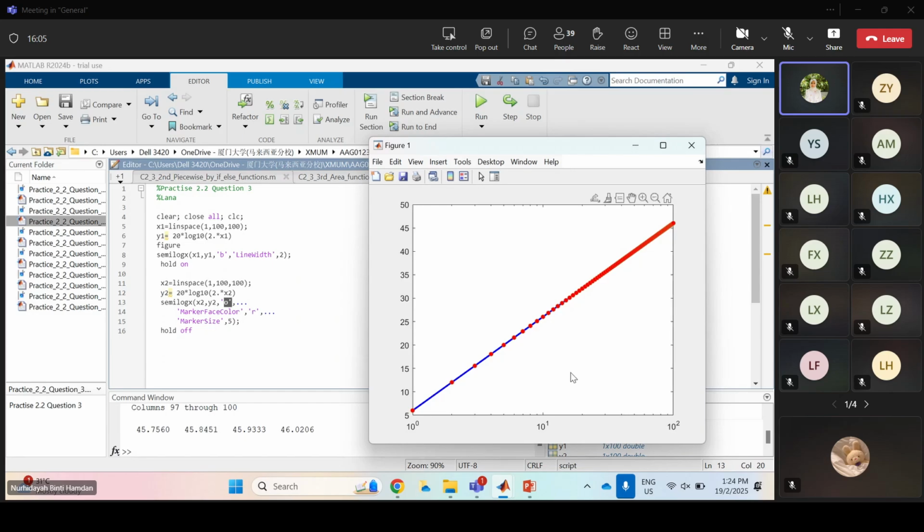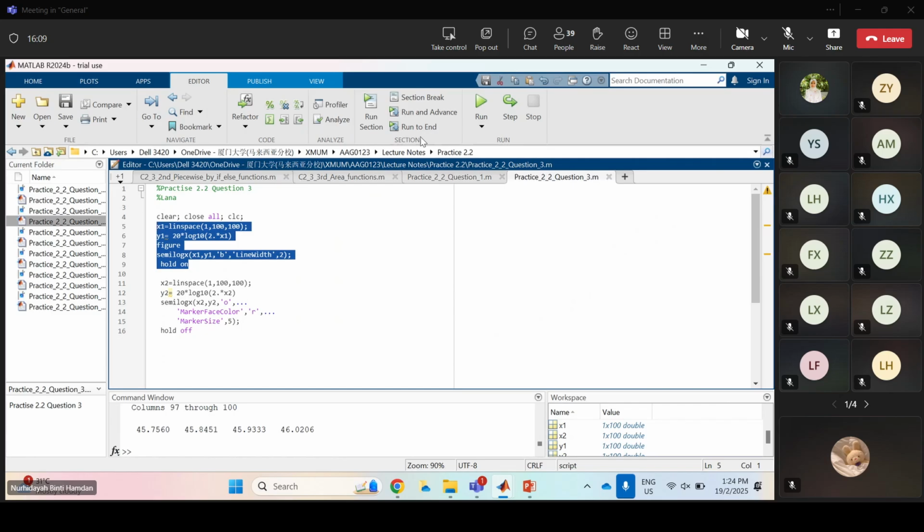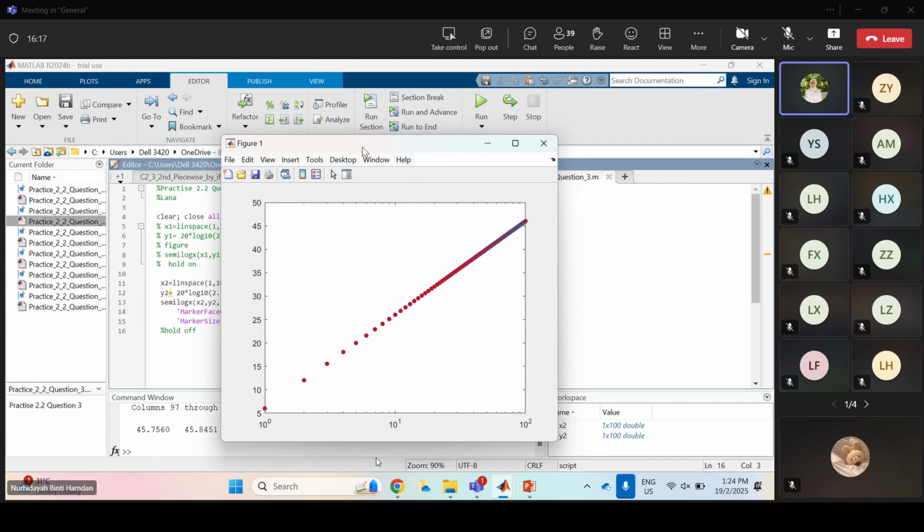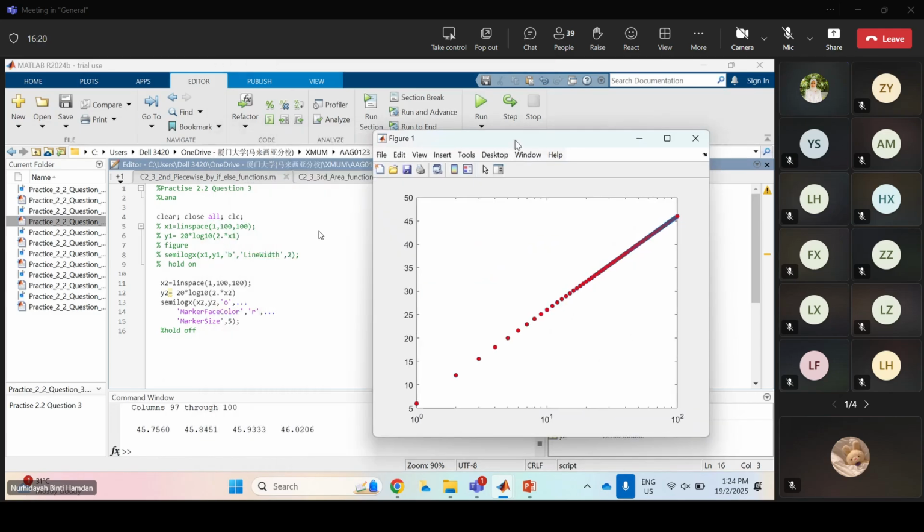It's the same code, but if you just want the marker, you will get it like this. Here I want to plot the marker on the graph, that's why I use the hold on function after I finish the graph.